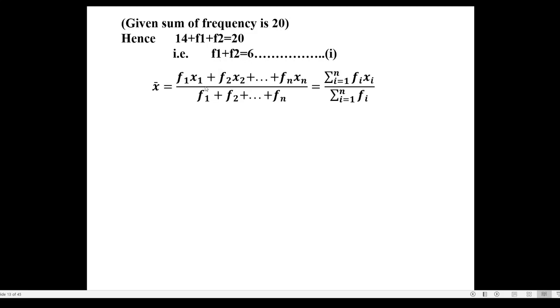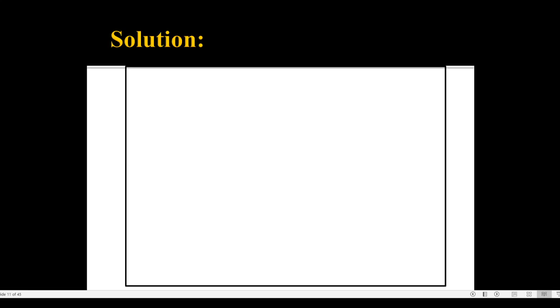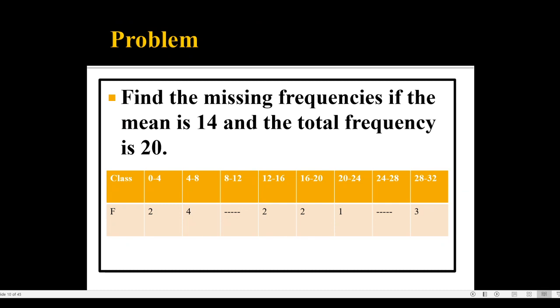Then for the second equation, consider our general formula. X bar is equal to f1 x1 plus f2 x2 up to fn xn upon f1 plus f2 up to fn. This is equal to 204 plus 10 f1 plus 26 f2 upon 14 plus f1 plus f2, and the given arithmetic mean is 14.